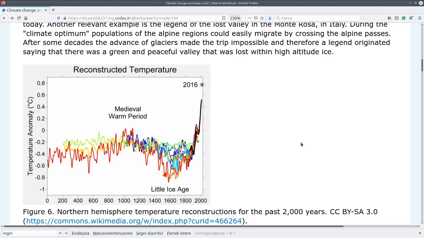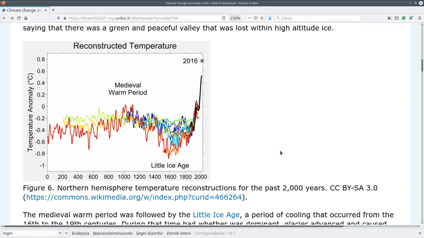But you can still see that in the Middle Age there was the medieval warm period. There is a Wikipedia page describing it, which is consistently reproduced by all the reconstructions, which induced climatic conditions that were even warmer than today's conditions.